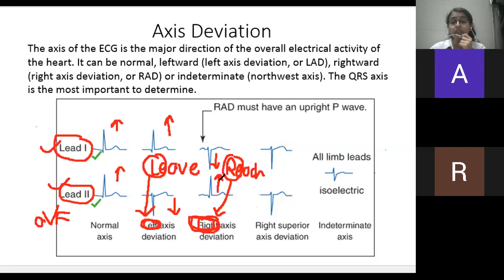So if you have cor pulmonale, you have to go back to your clinical thinking, and you have to understand there is some problem with the pulmonary circulation. So you have to go back and correlate it with pulmonary congestion, pulmonary hypertension. That is how you understand there's some problem with the respiratory system too.